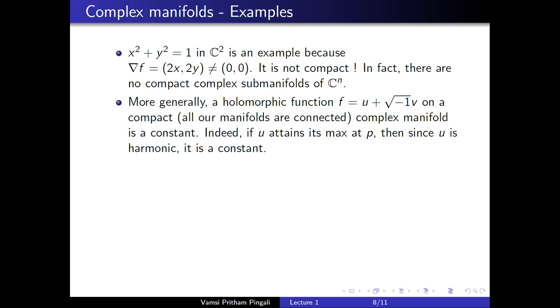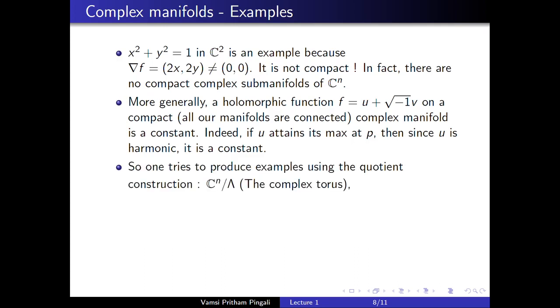How would you come up with examples? The quotient construction, right? So the simplest example of a smooth manifold that's not obviously a submanifold of Rn is a torus, right? It's obtained by Rn quotiented out by a lattice. The same principle applies in the complex setting. Suppose you take Cn and take your favorite lattice.